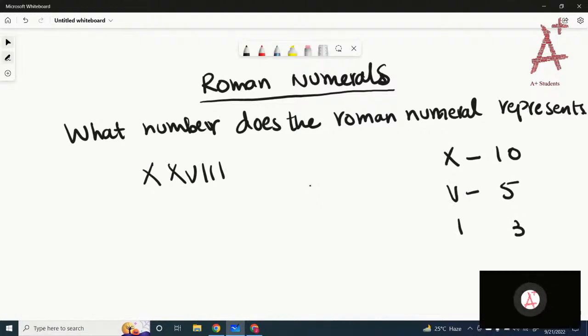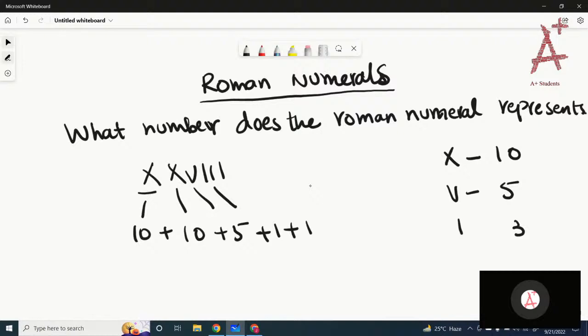So what they collectively make, here you have an X, then again an X, then you have V which is 5, then you have 3 I's, they make 1 plus 1 plus 1. So just sum up all these numbers. 10 and 10 makes 20, and 5 makes 25, 26, 27, 28. So together they make 28. Got it?